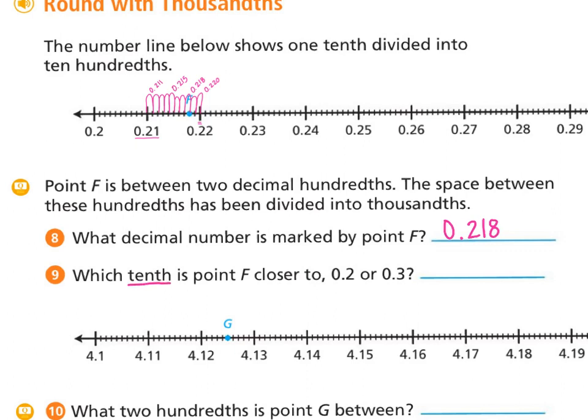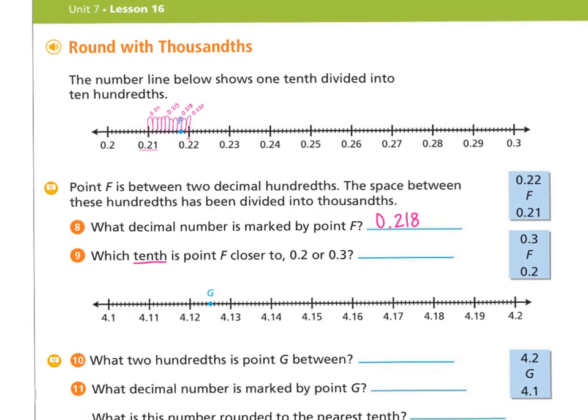Let's do both of our tricks to see if we can figure that out. First, looking at our number line, I'm going to circle my tenths, 2 tenths and 3 tenths. I can tell that F is closer to 2 tenths than 3 tenths. Now let's try our rounding game. Underline the tenths because they wanted to know that's the place value.